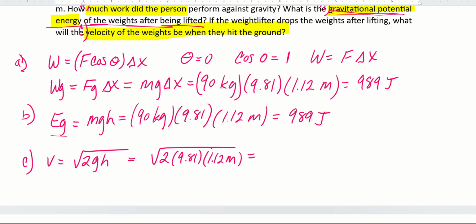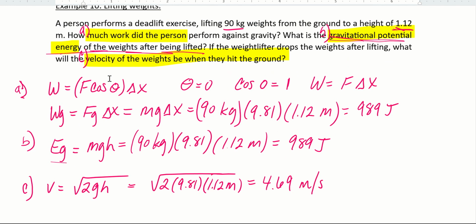So we can do this really fast. And I got 4.69 meters per second. That's it. So once you can reason through these problems, they become really, really quick and really easy, I think.